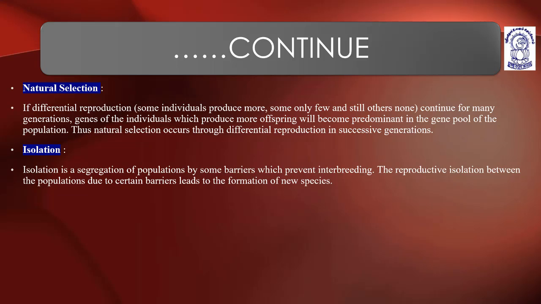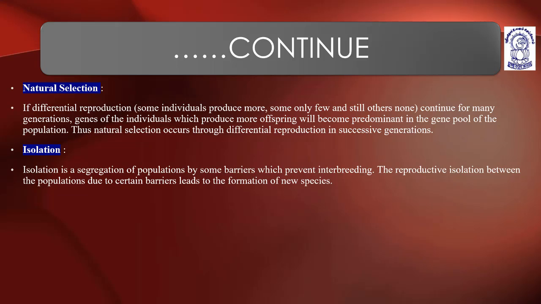Some part of the population may not be reproducing; they are not reproductively fit. Some members are very high on reproductive fitness and can give a large number of offspring, some give an average number, some give fewer, and some give no offspring.